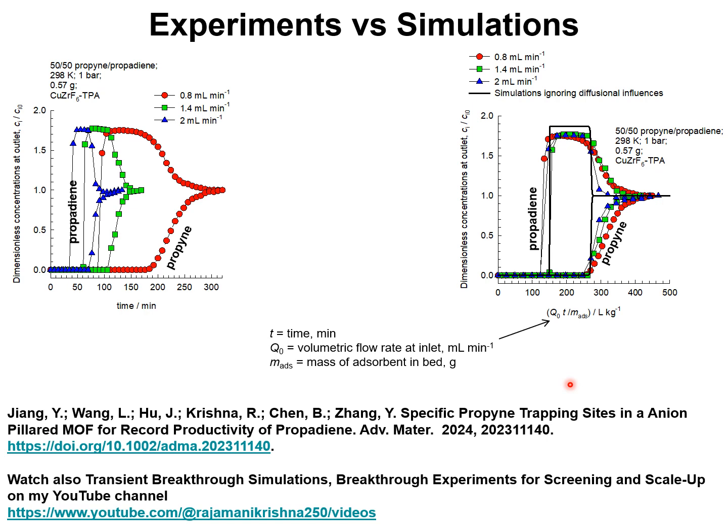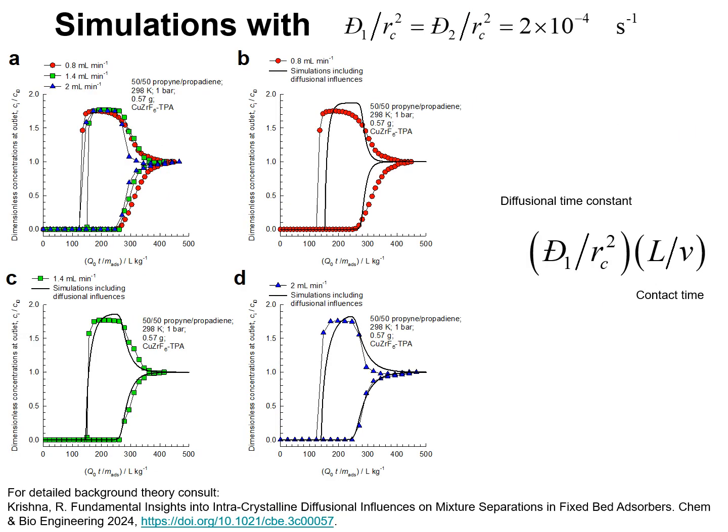So let's look at the unary isotherm data. In graphs B, C, and D, I compare the experimental breakthroughs at the three different inlet gas velocities of 0.8 milliliters per minute, 1.4 milliliters per minute, and 2 milliliters per minute with breakthrough simulations, including diffusional influences.